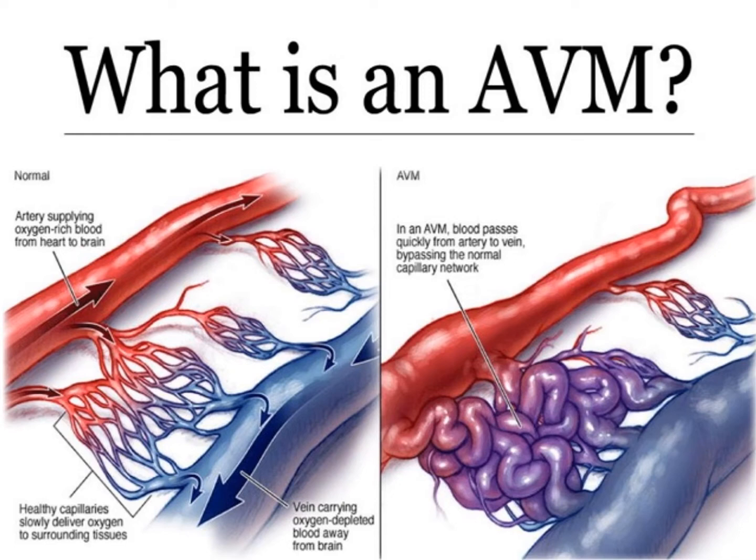That capillary bed slows the blood pressure down, so the vein doesn't have to deal with that much pressure. Without that capillary bed, the venous system isn't very well protected, and that higher blood pressure could allow for an aneurysm of that AVM as well.